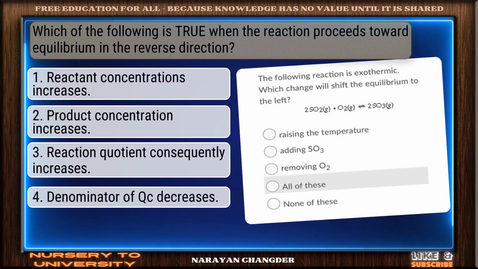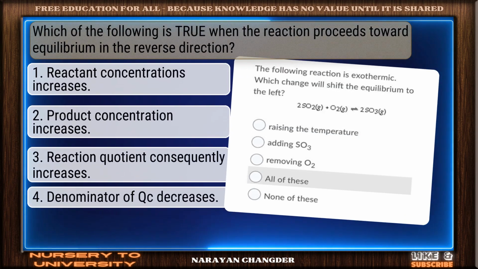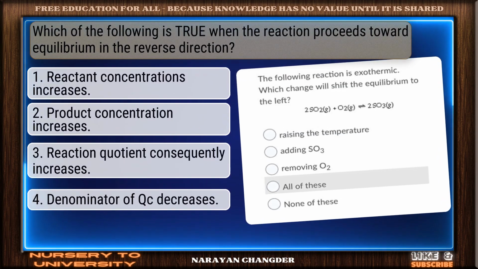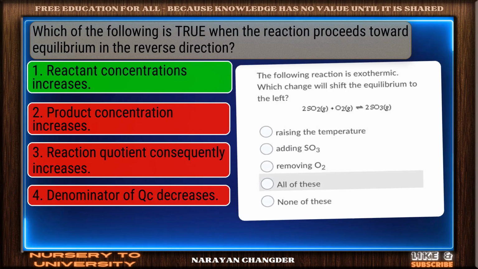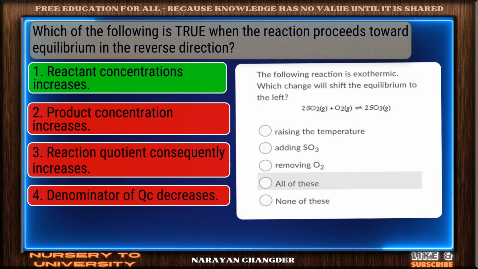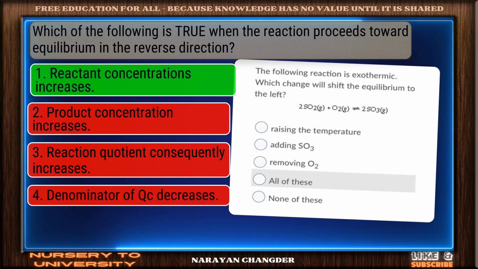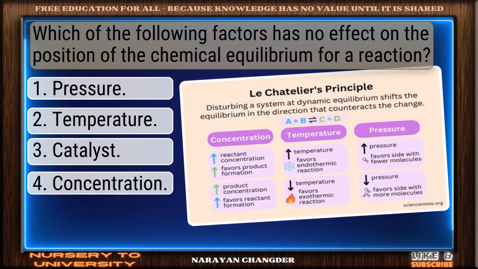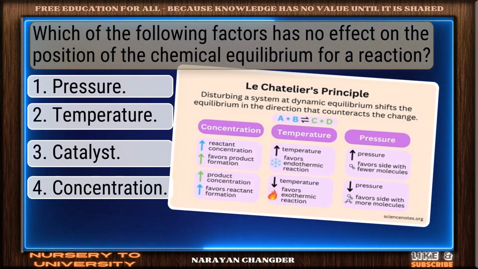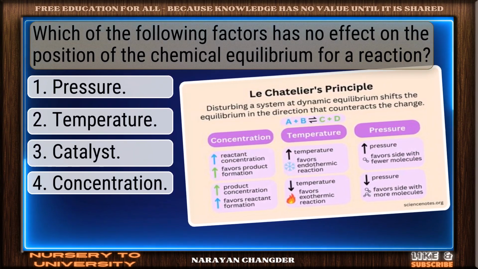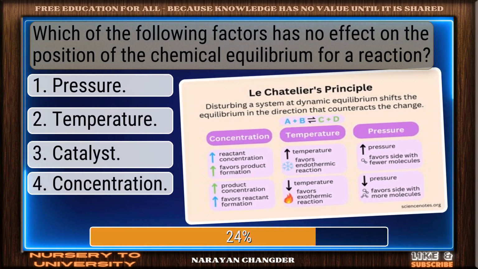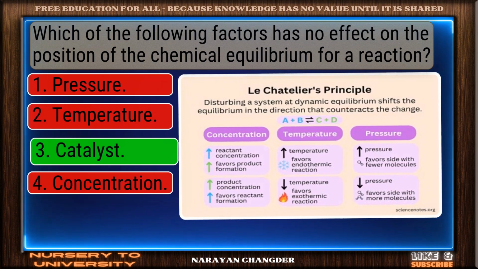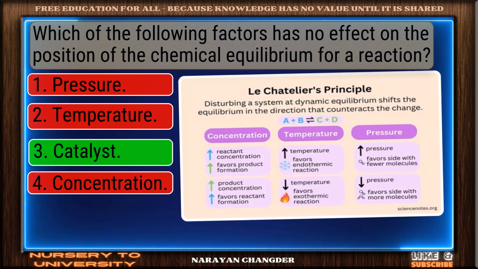Which of the following is true when the reaction proceeds toward equilibrium in the reverse direction? Well done. Reactant concentration increases is the right choice. Which of the following factors has no effect on the position of the chemical equilibrium for a reaction? Sharp thinking.